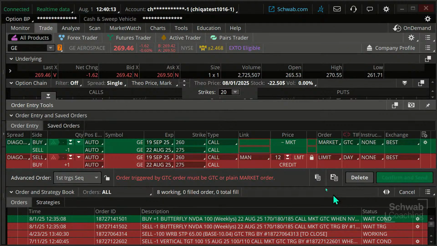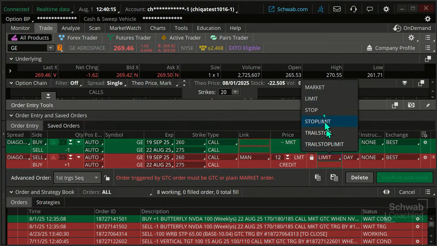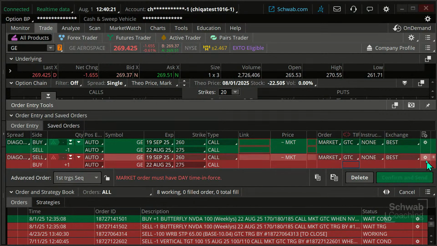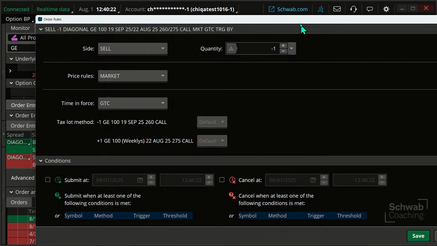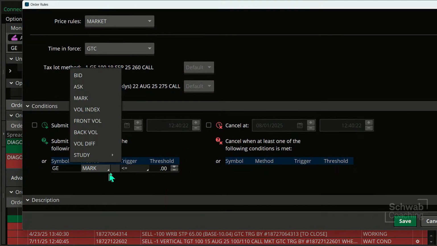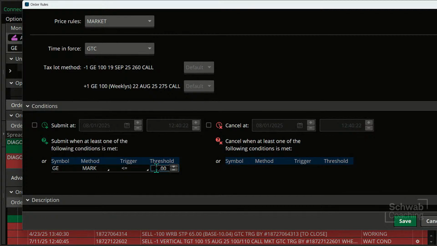We're going to get out, click on our gear, if our stock goes below, marks less than or equal to $258. So that's going to put an exit on the trade in case it goes south on us.